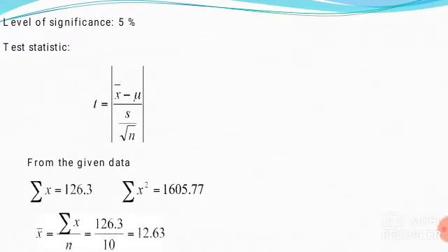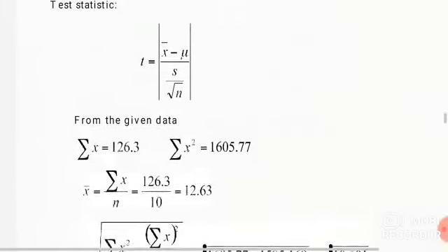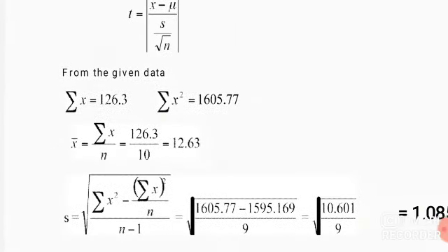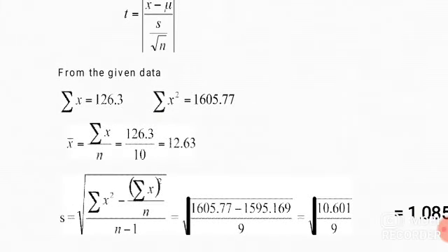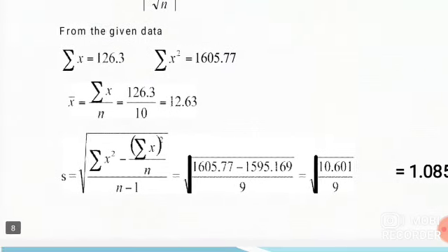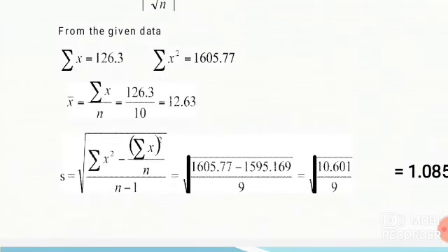So we find x bar equal to 12.63, and we also find summation x as 126.3 and summation x square as 1605.77.